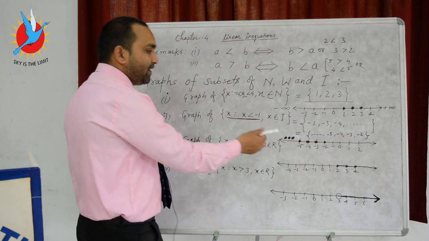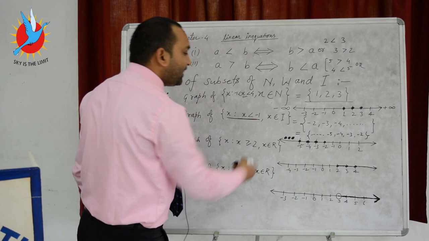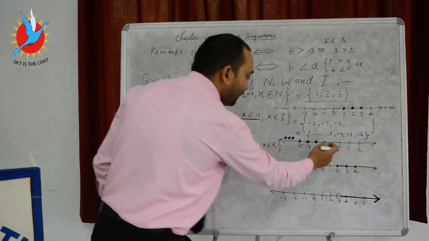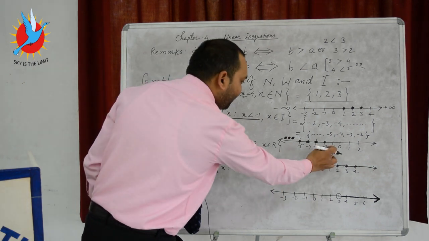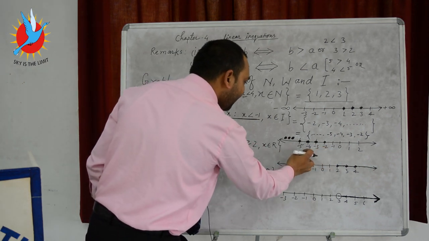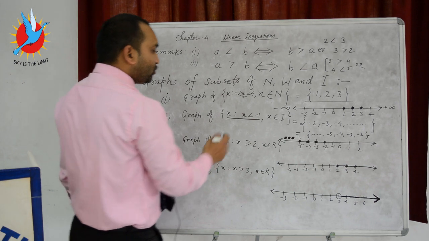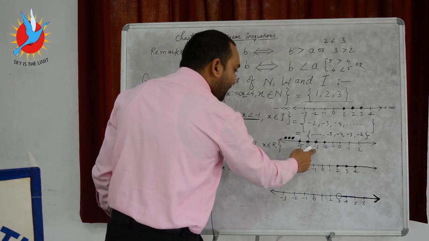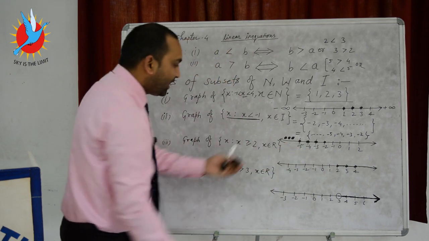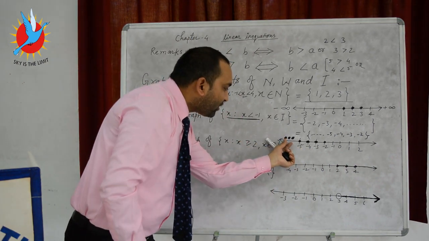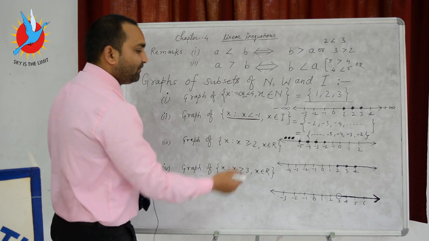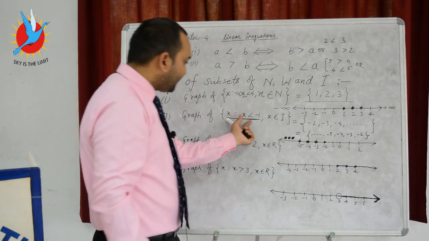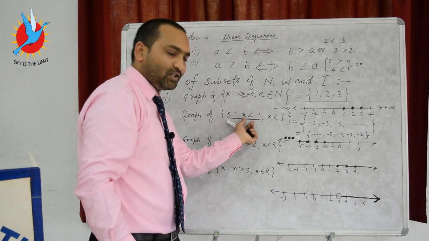We represent this set on the real line: 0, 1, 2 on the positive side and on the left side the negative numbers, minus 1, minus 2, minus 3, minus 4, minus 5 and so on. So we darken the negative integers, and the three dots indicate the continuing solution of this inequation.